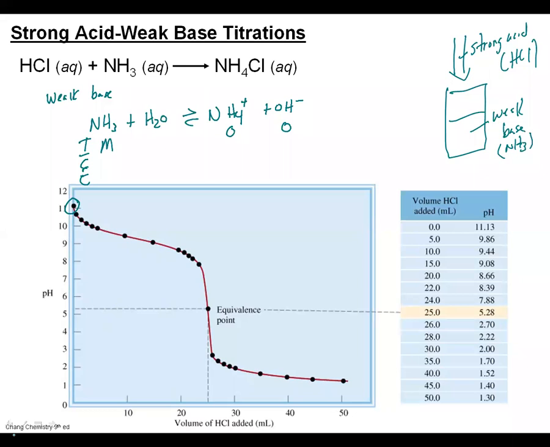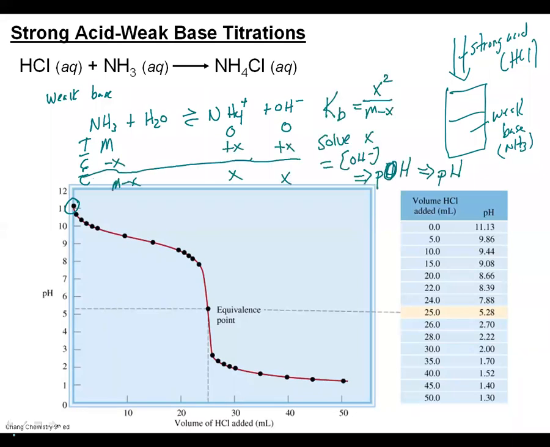Because this is a weak base, obviously you would go into the KB value at that point. So much like the previous titration, it's very similar, except that in this case, we're not starting with a weak acid. We're starting with a weak base, which will require you to do a KB problem. That is also why if you look at this titration curve, it is basically flipped on its head from the last one.